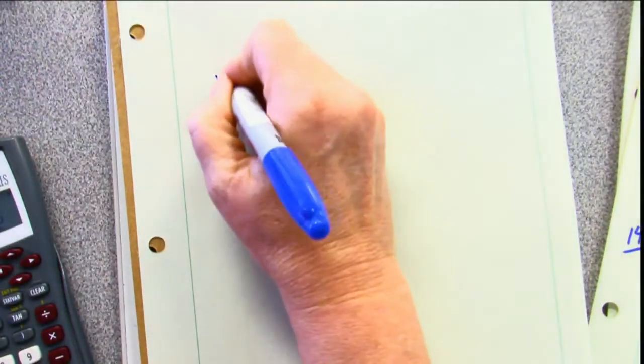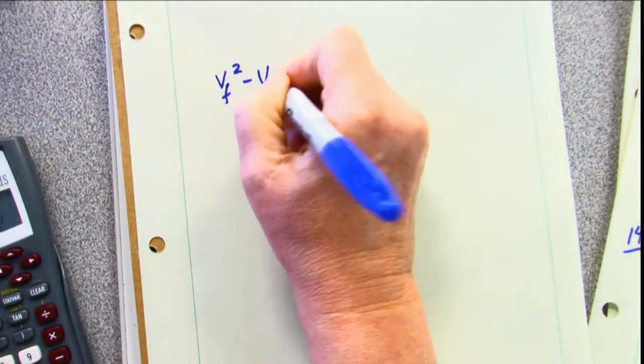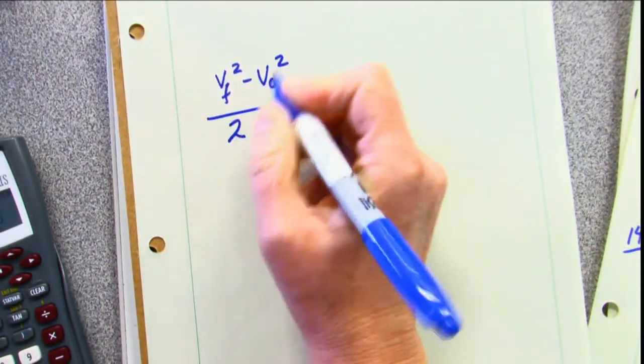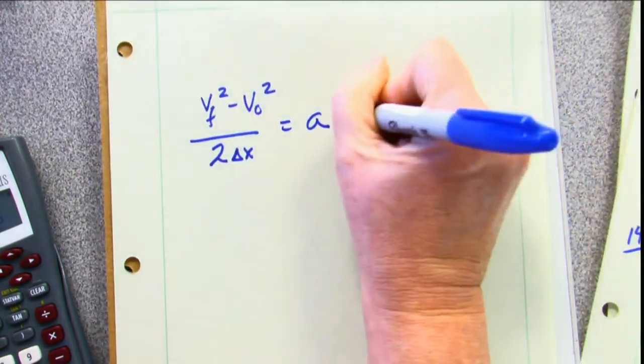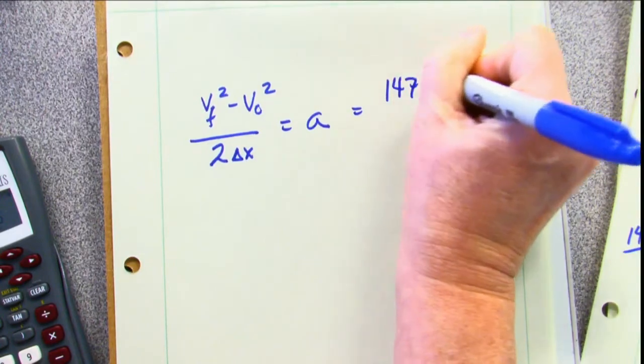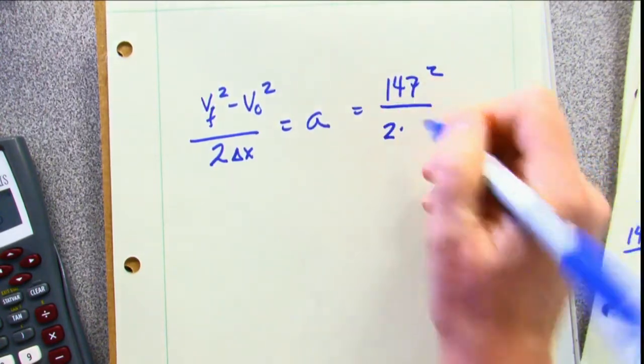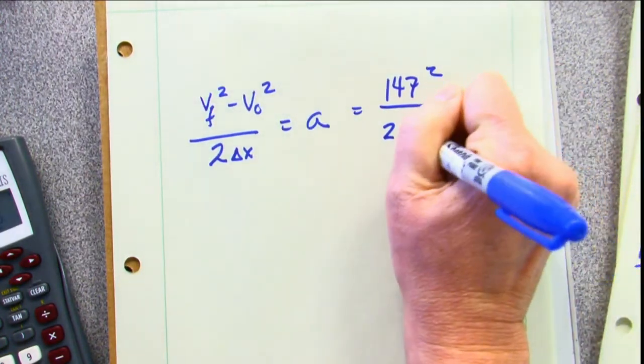So we get V final squared minus V initial squared, divided by 2 times change in X, will give me acceleration. This is going to be 147 squared divided by 2 times my 403.